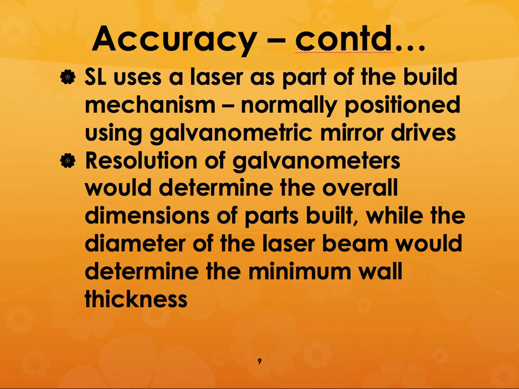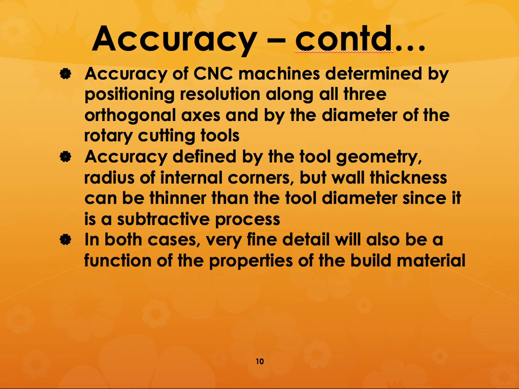Whereas if your laser dimensions are of the order of, say, tens of microns, then your wall thickness can probably be maybe a millimeter or 2 millimeters and things like that. So that's going to determine the minimum wall thickness.